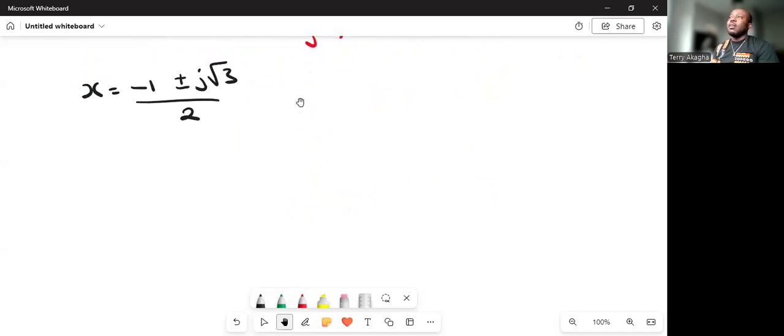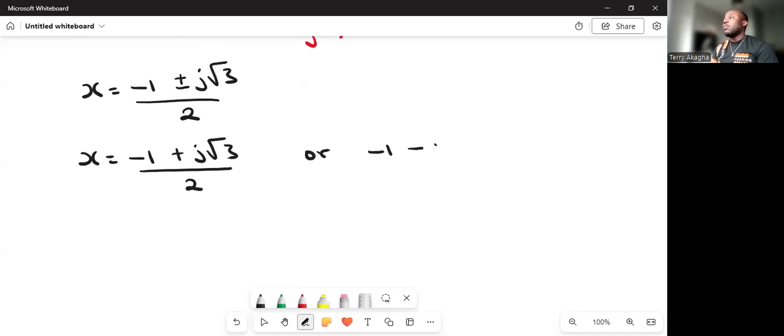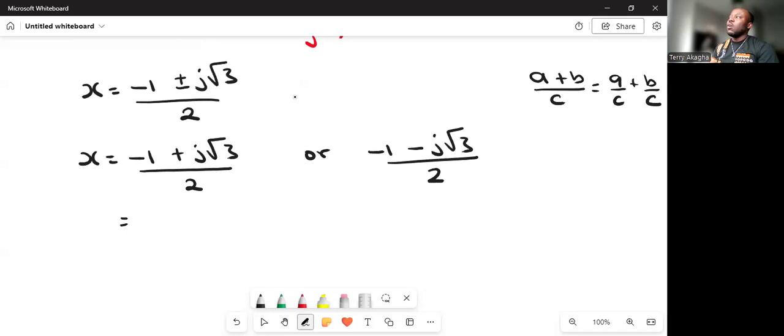So we now have x is going to be equal to -1 plus j root 3 over 2, or is going to be -1 minus j root 3 all over what? 2. So we can separate this based on fractions. So I remember I told you a plus b over c is the same thing as saying a over c plus b over c. We talked about this in basic algebra, okay? So that means we're going to put it here.